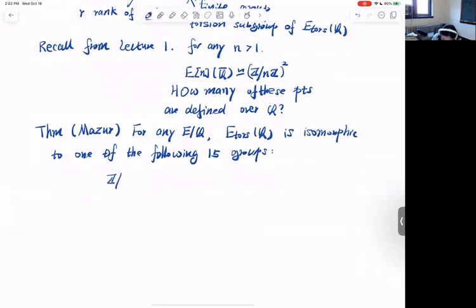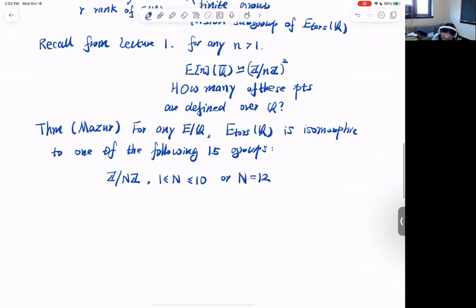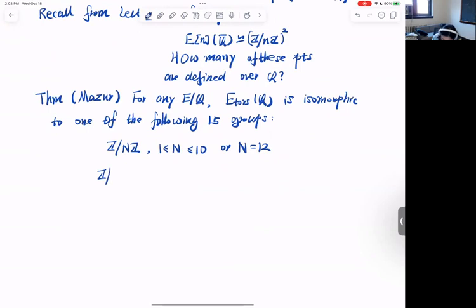Namely, you can either have a cyclic group Z mod nZ, where n is from 1 to 10, or n equals 12, or it is not cyclic, it's Z mod 2Z cross Z mod 2nZ, where n is between 1 and 4.